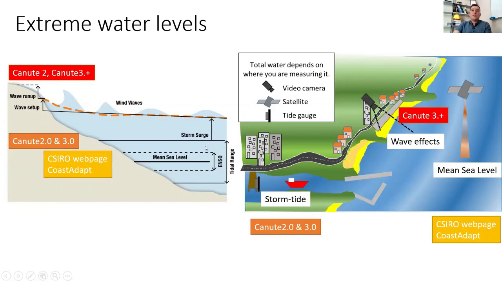So Canute 2.2 and 3.0 will give you information that will service bathtub filling. Canute 3.0 with waves will give you information around wave effects of overtopping and erosion potentially.